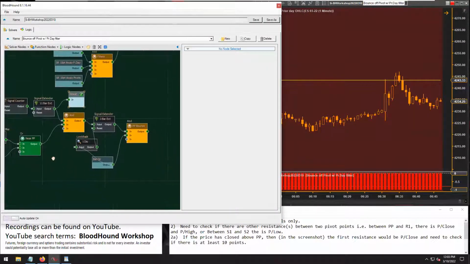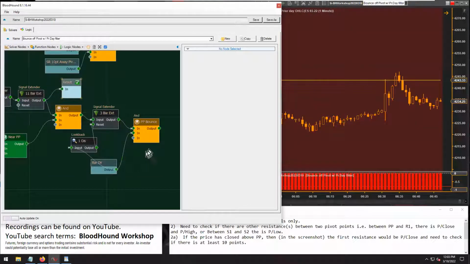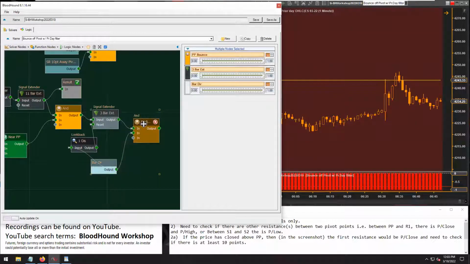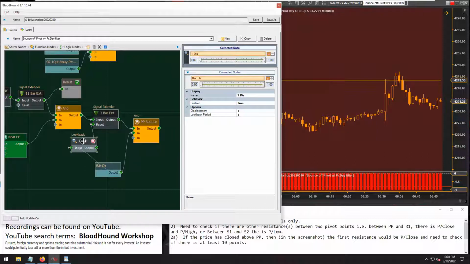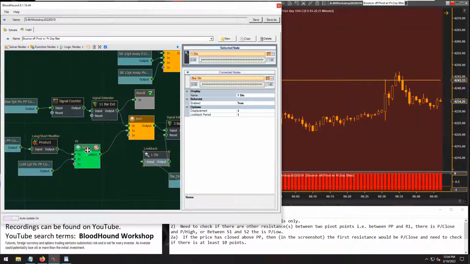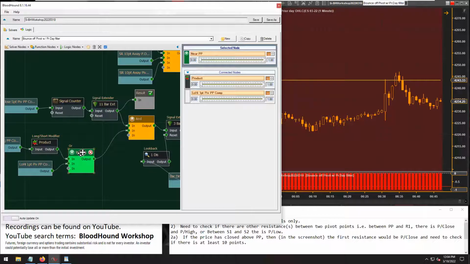And so if you remember here, at the very end of our logic, we're waiting for the bar direction. We're waiting for a bar in the correct direction. And then we delay the signal from the bar direction, and feed it into the signal extender to turn it off. So we can do the same thing here, right? We can take basically the touch signals and feed it into the reset there.